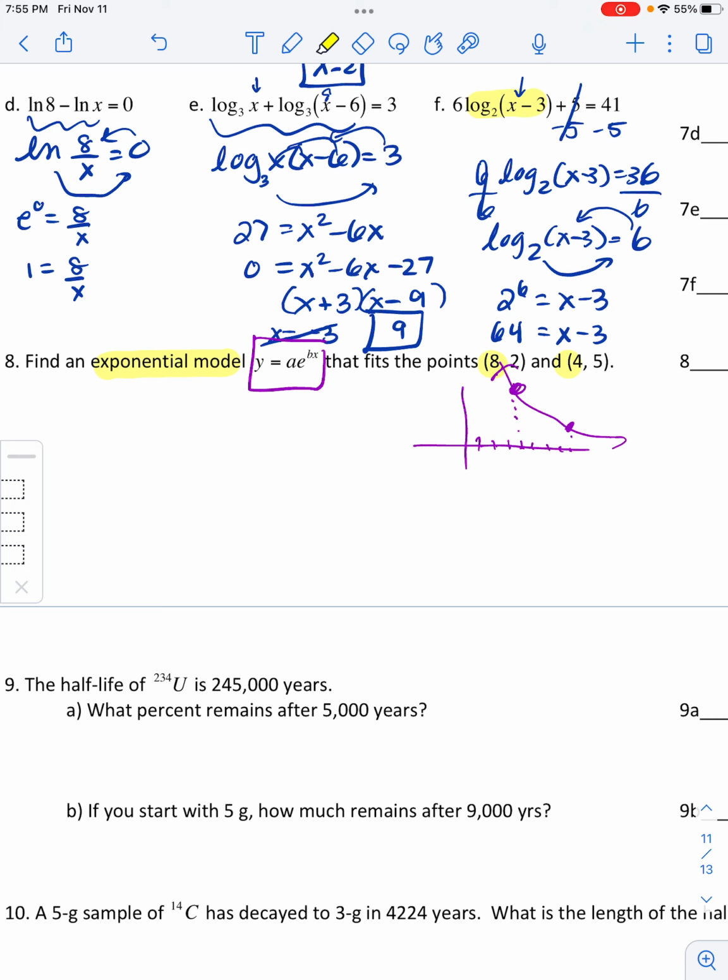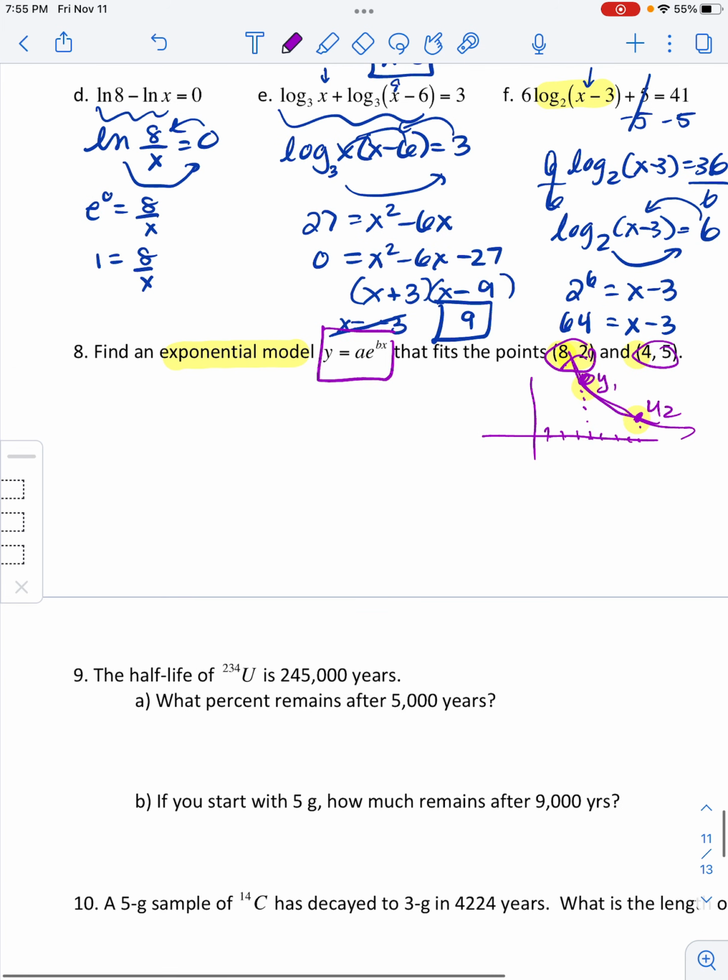And it would actually be this 8, 2 because it's further down the road. Here's my 8, 2. Here's my 4, 5. And so in terms of reading a graph from left to right, this is going to be the y2 and this is going to be the y1. So when you're doing these, instead of trying to do y2 minus y1, you're doing y2 divided by y1.